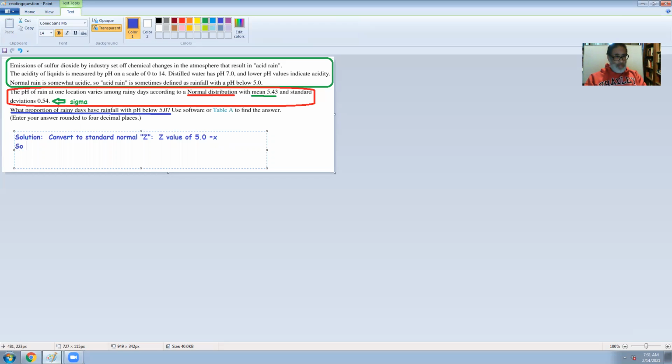So we calculate, and the numerator will be 5.0, using the formula z equals x minus mu divided by sigma.